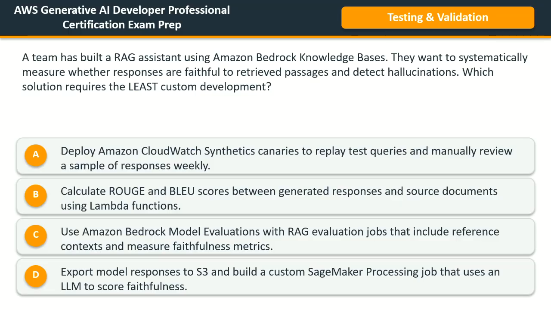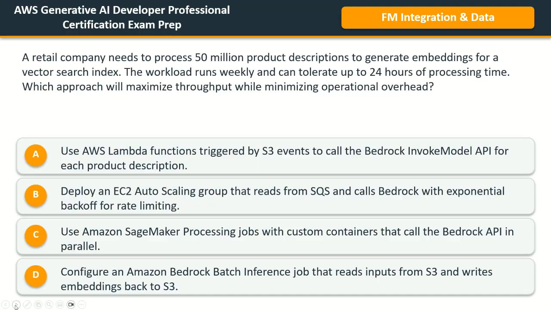Option A, use AWS Lambda functions triggered by S3 events to call the Bedrock InvokeModel API for each product description. Option B, deploy an EC2 Auto Scaling group that reads from SQS and calls Bedrock with exponential backoff for rate limiting.